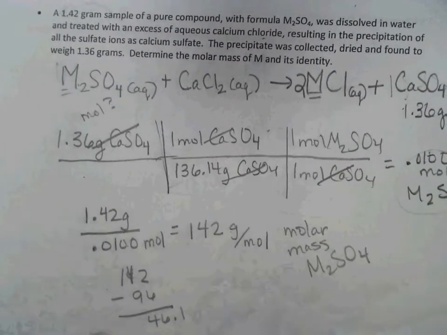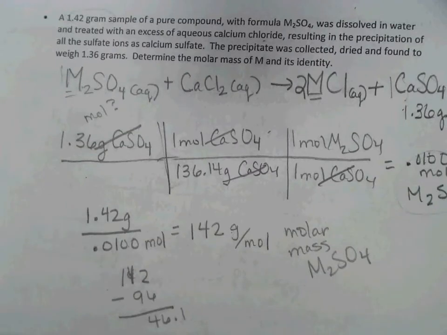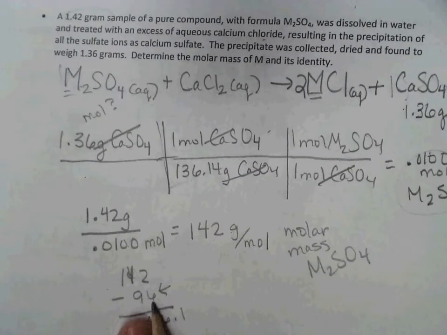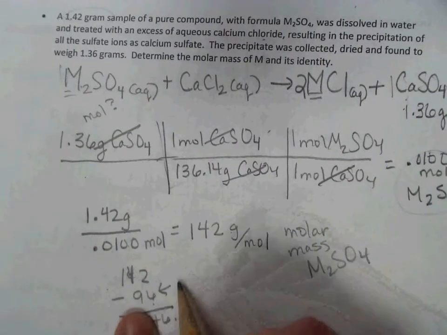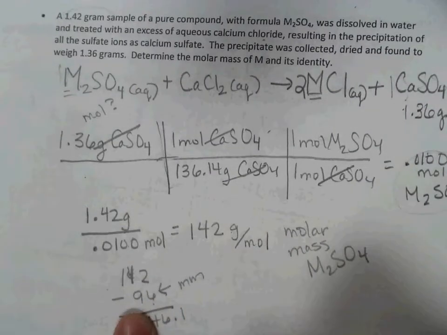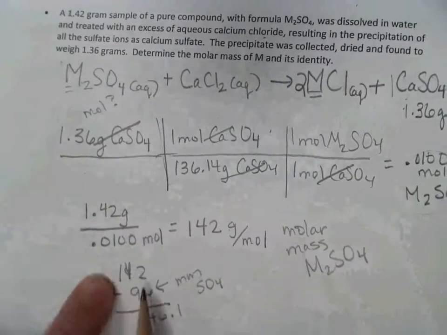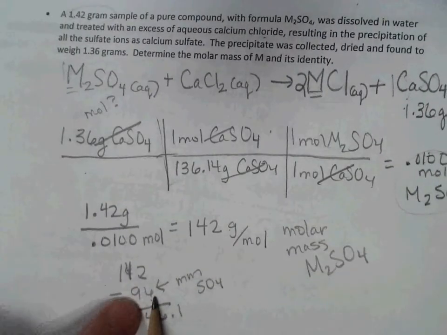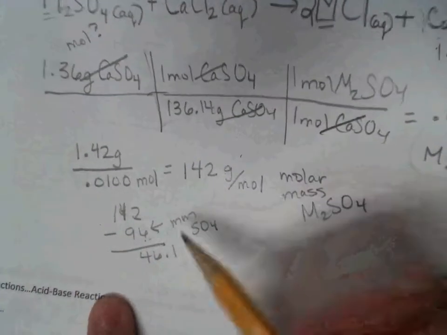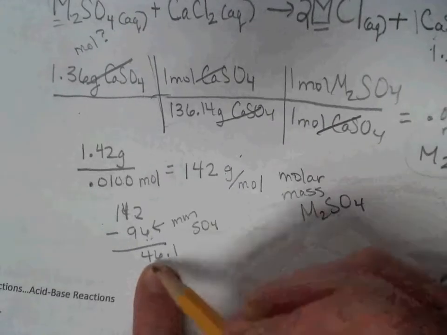And this is like 96 or 96.1, and I get 46.1. What's that 96? That's the molar mass of SO4, right? The 142 is the molar mass of the whole thing.